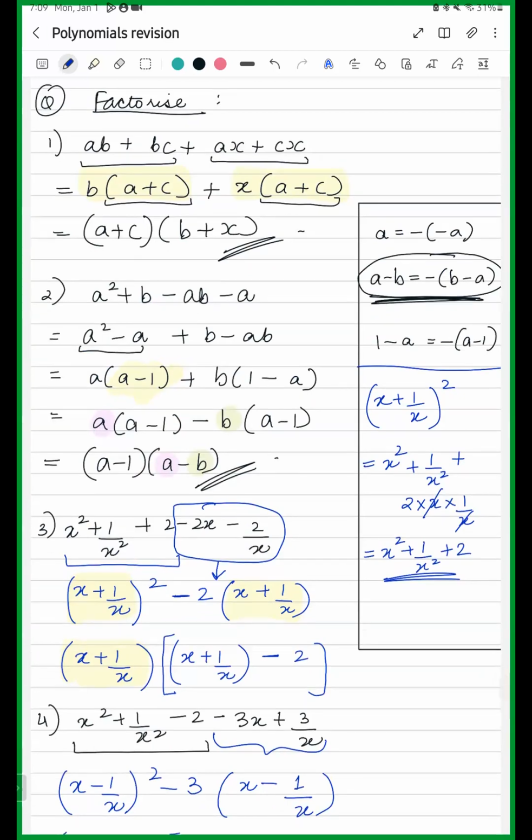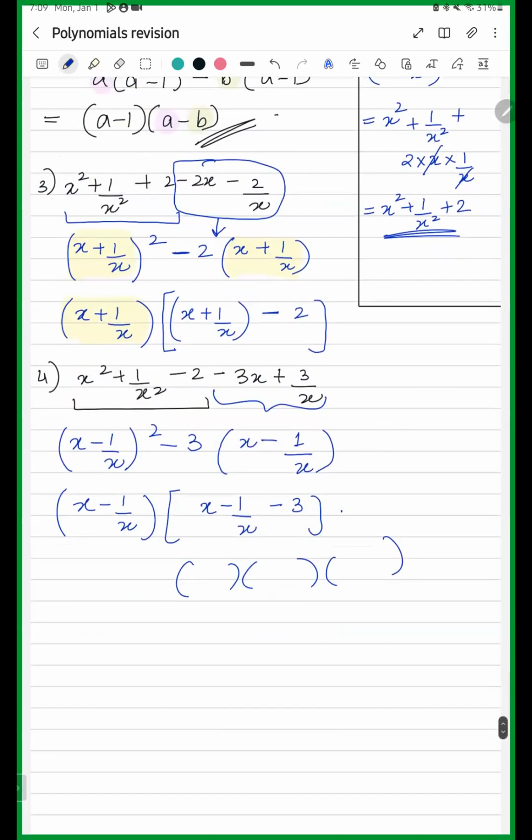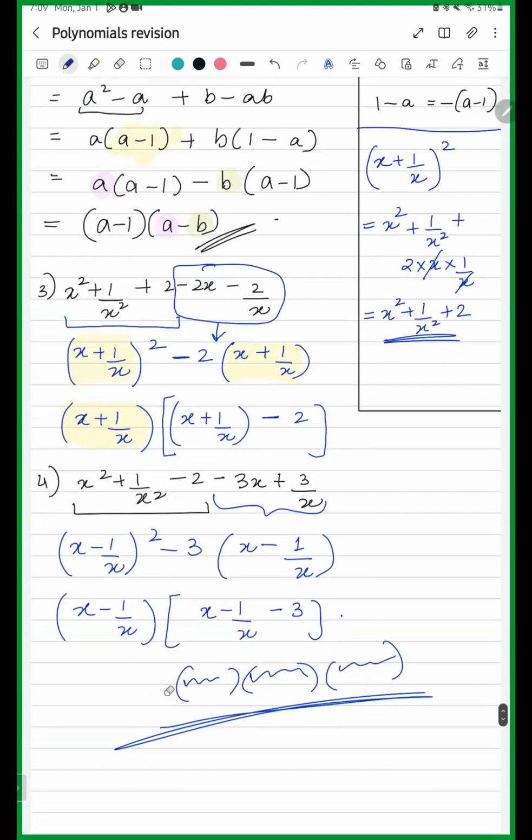You have to make sure that the answer is something something brackets. It should not be brackets plus 2 or something like this. No, the answer should consist only of brackets. Whatever is inside the bracket doesn't matter, but the answer should be in terms of brackets if the question is asking you to factorize.